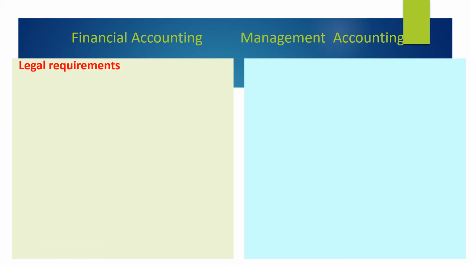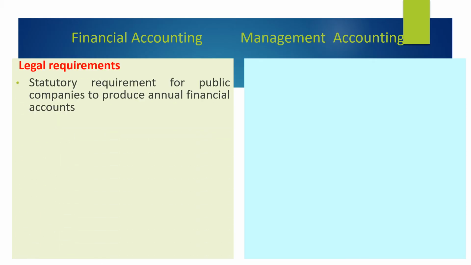When we focus on the legal requirement, for financial accounting there's a statutory requirement for public companies to produce annual financial accounts based on the CSE requirement. When it comes to management accounting, there is no legal requirement. It is optional. You can prepare it whenever you want.